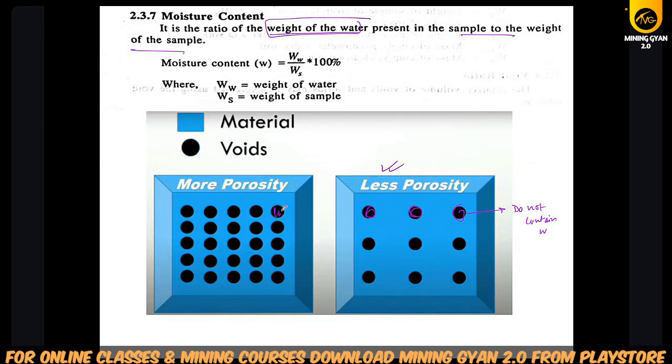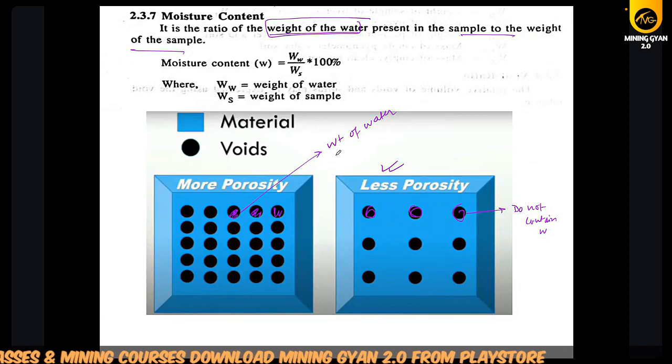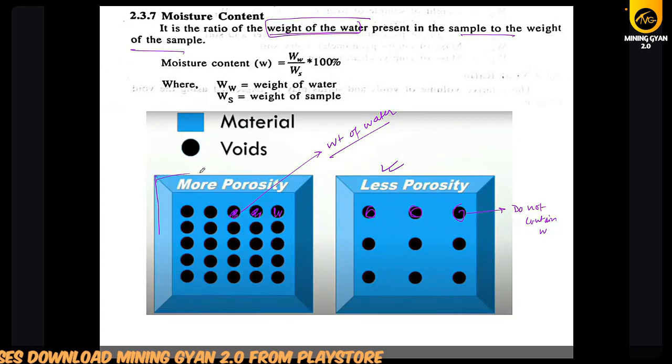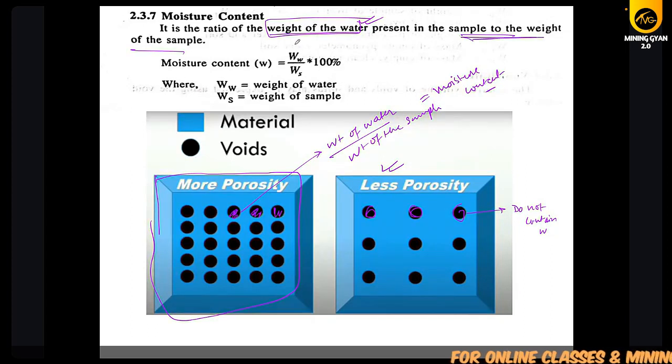Suppose there is some water in the pores. So the weight of water divided by the sample. This is the whole sample. Then the weight of the sample is known as moisture content. So the weight of the water present in the sample.